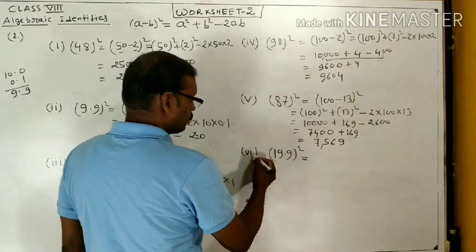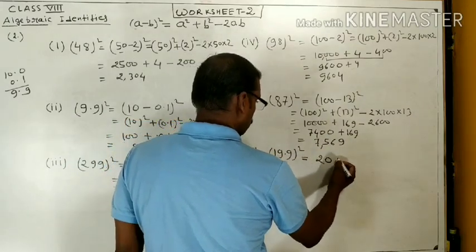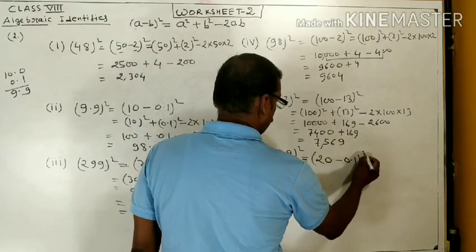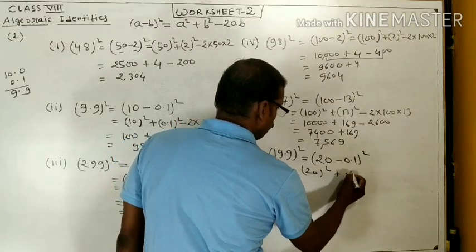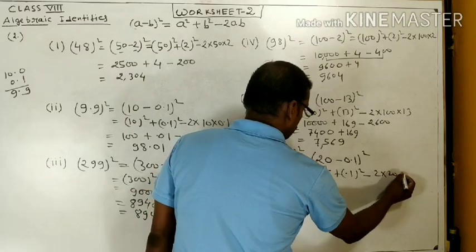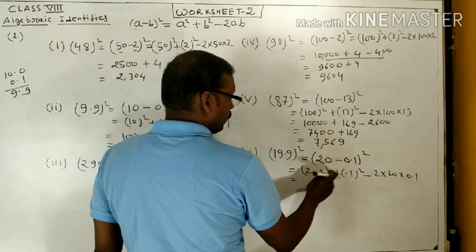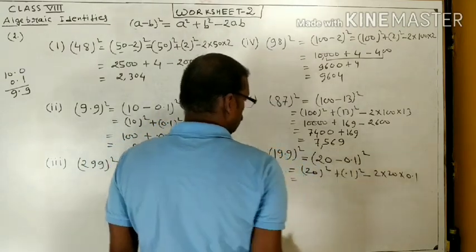Now question number 6, 19.9. We can write it as (20 minus 0.1) whole square. So 20 square plus 0.1 square minus 2 into the first number and the second number.